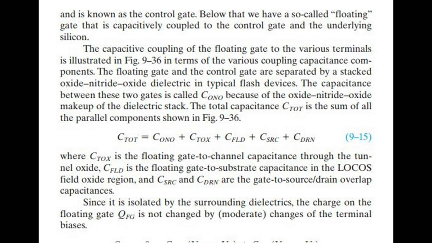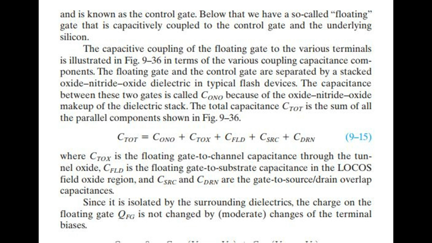The total capacitance C_TOT is the sum of all the parallel components shown in Fig 9.36, where C_TOX is the floating gate to channel capacitance through the tunnel oxide, C_FLD is the floating gate to substrate capacitance in the LOCOS field oxide region, and C_SRC and C_DRN are the gate to source/drain overlap capacitances.